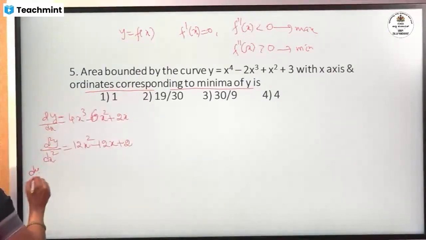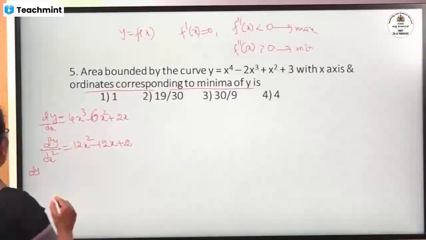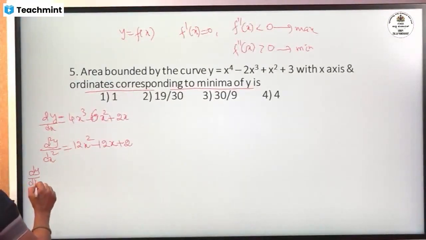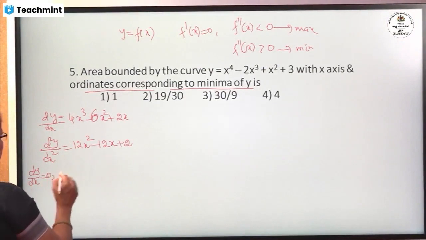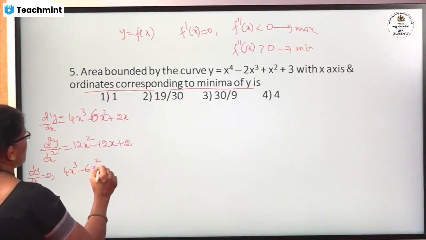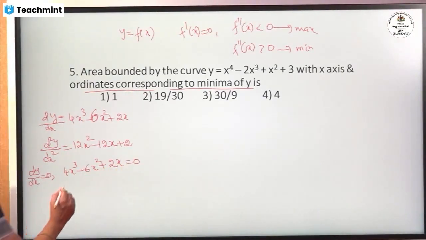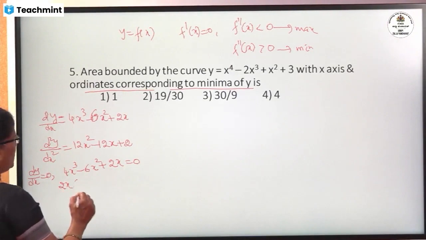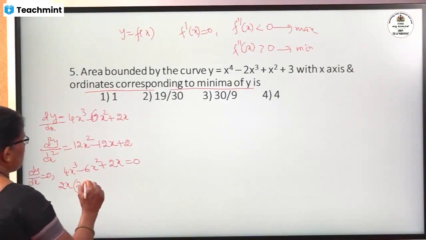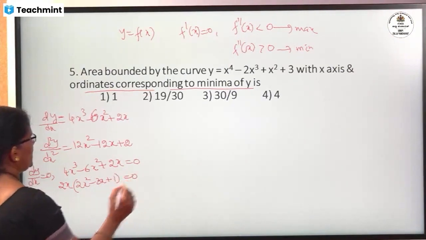Now, if I take dy/dx as 0, what I get is 4x^3 - 6x^2 + 2x = 0. So take 2x as common. What remains is 2x^2 - 3x + 1 = 0.